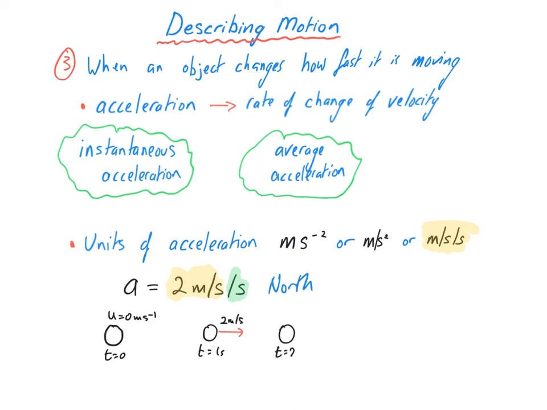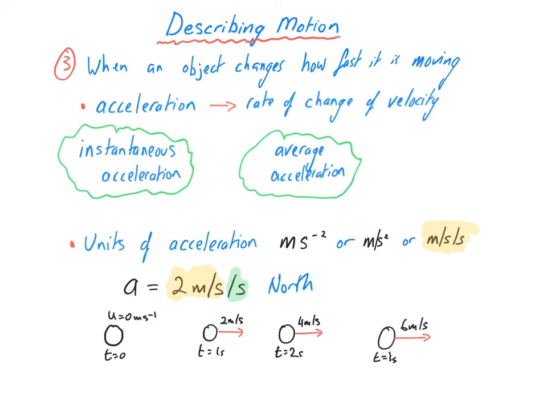After 2 seconds the object will be travelling at 4 meters per second. Then after 3 seconds, the object will be travelling at 6 meters per second. In this scenario, the acceleration represents a speeding up of the object. That's because the acceleration is in the same direction as the motion of the object.